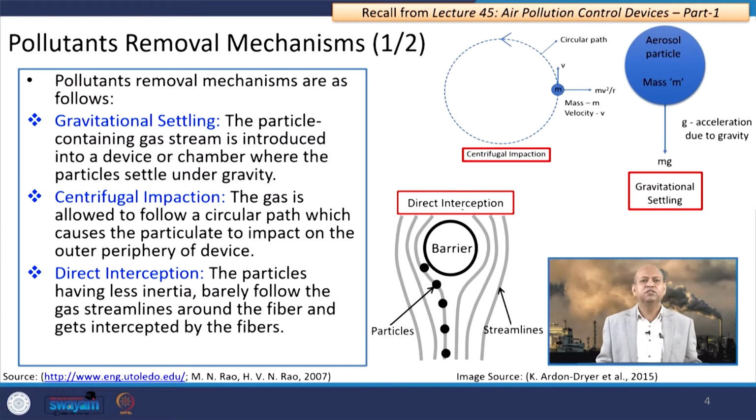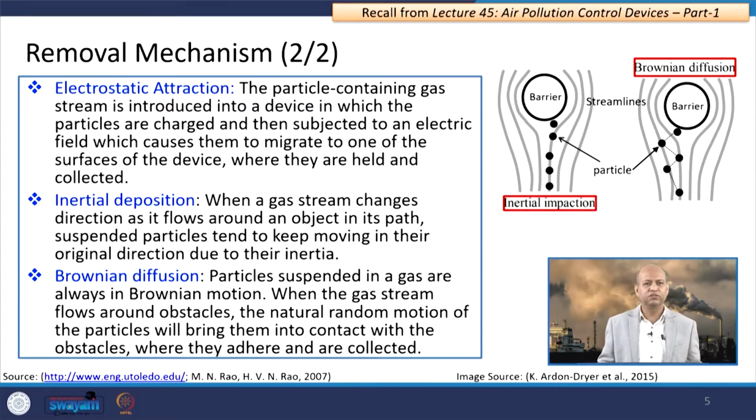Then direct interception can also be there, where particles having less inertia barely follow the gas stream lines around the fiber and get intercepted by the fibers itself. That kind of interception occurs. Electrostatic attraction is also one way of collecting these air pollutants of particulate nature.